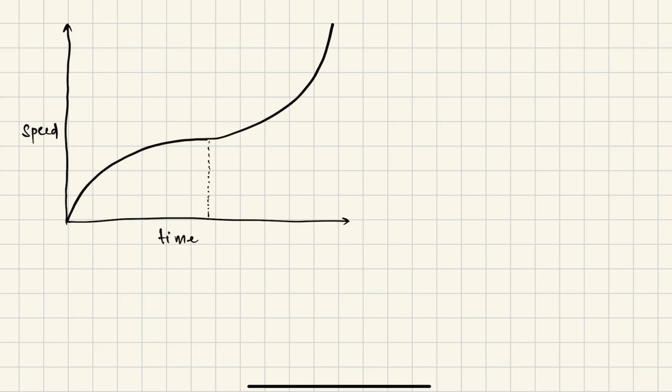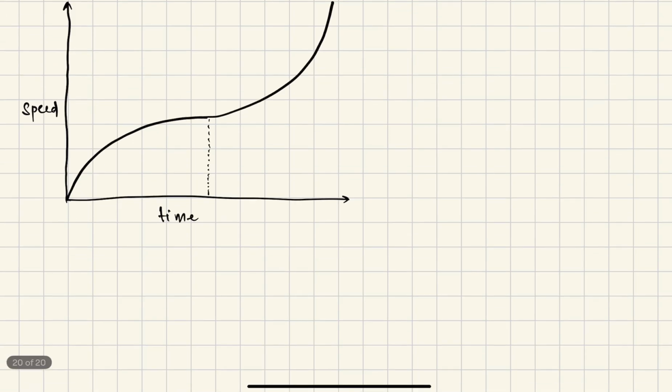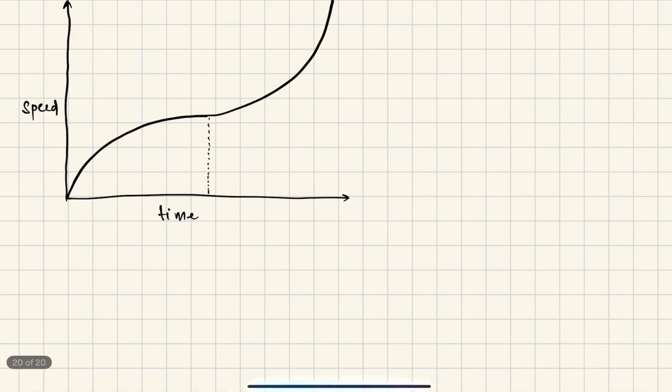Here the speed is increasing with time. But if you see, the rate of increase of speed has decreased. That means here the slope is decreasing. Here the slope is increasing. So you can say easily that this part is decreasing acceleration, this part is increasing acceleration.